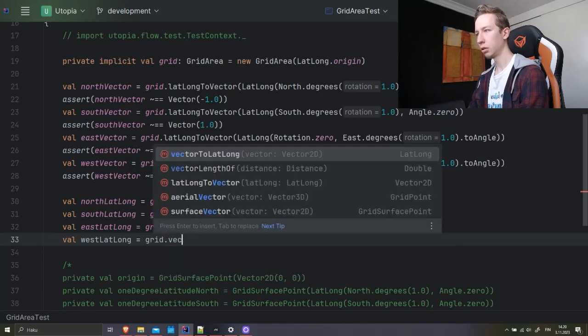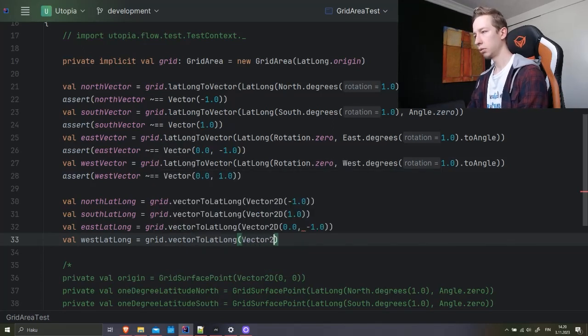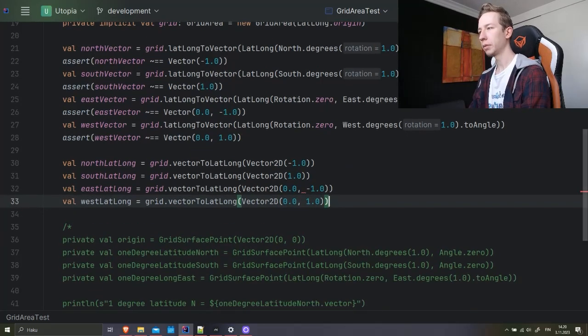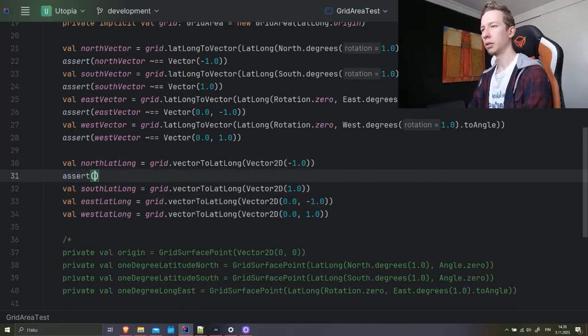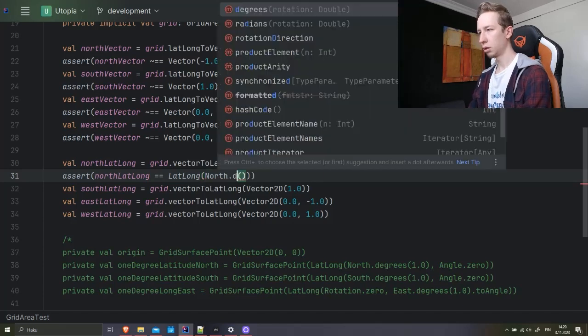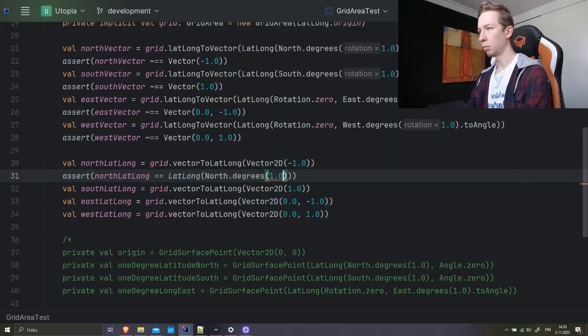Vector to lat long, 0.0. Okay. Then let's add the assertions again. So much syntax going on, but anyway, so that would be north degrees 1.0.